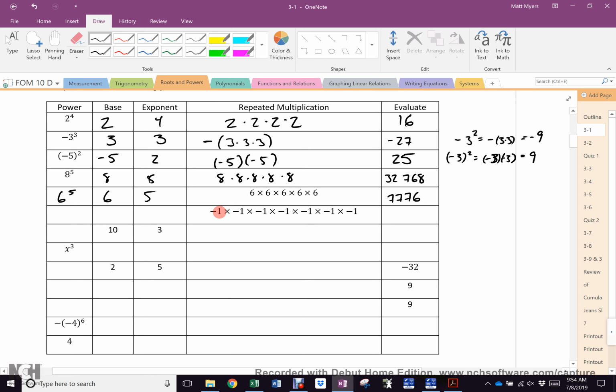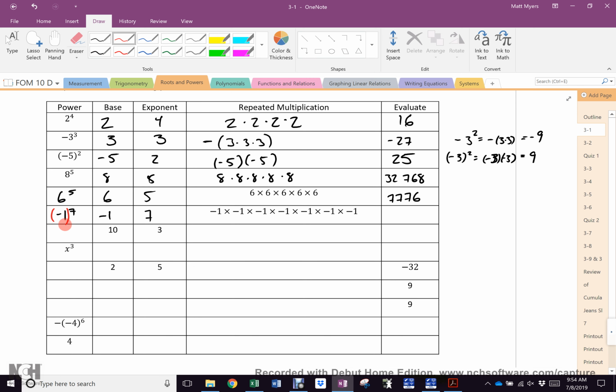This one's tricky. What's the base? Negative 1, because the negative repeats every time. Right? How many negative ones are there? 7. So what's the power? Is it that? Or is it that? It's that one with the red. You have to have the negative.